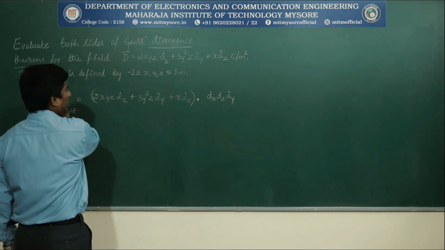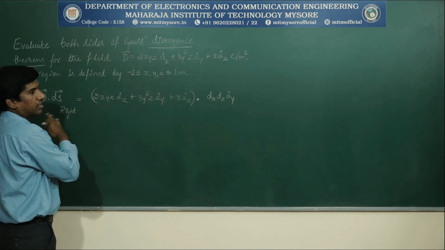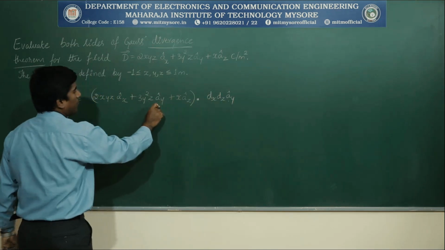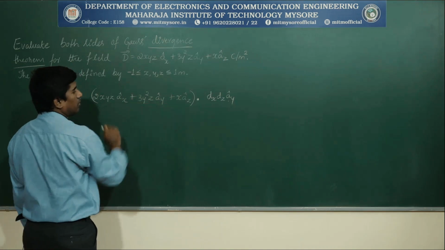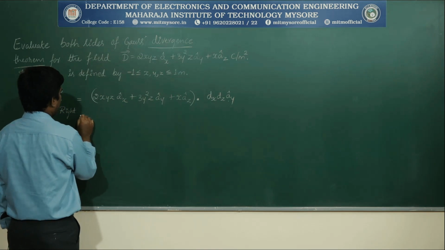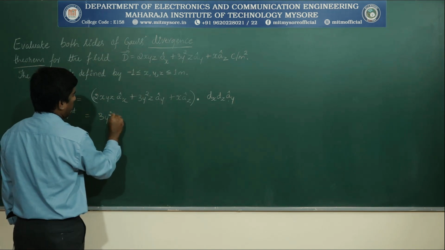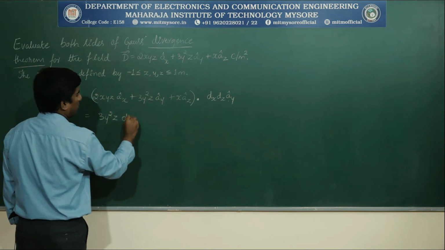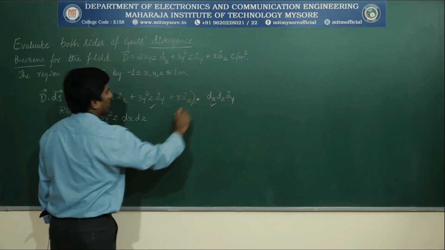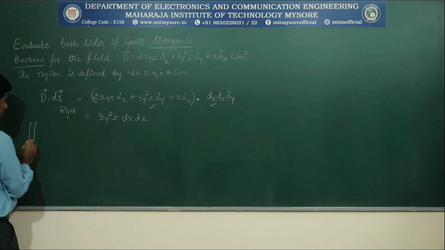This is ds for the right surface. For the right surface, this is dx, dz and a cap y is the unit vector. Now a cap y dot a cap y becomes 1, then the dot product of the rest of the two unit vectors becomes 0. Hence what we are going to get here is 3y square z into dx into dz. Look at this, only this term is going to remain. Now integrate with respect to what?